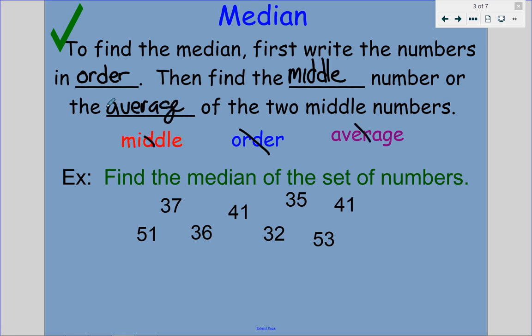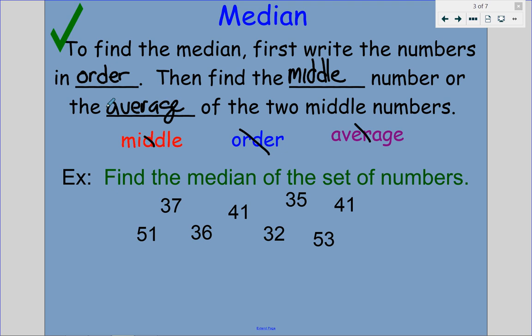Okay? So, middle, right? Median, M-E-D. If you think of small, medium, large, it's in the middle. Median means the middle number of a set of data. Sometimes if we have even numbers, there's going to be two numbers in the middle.